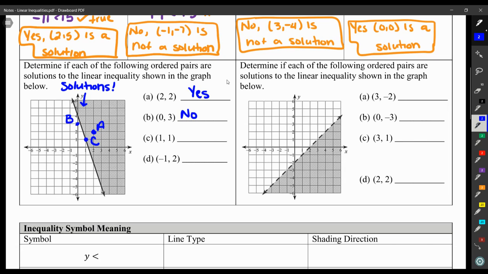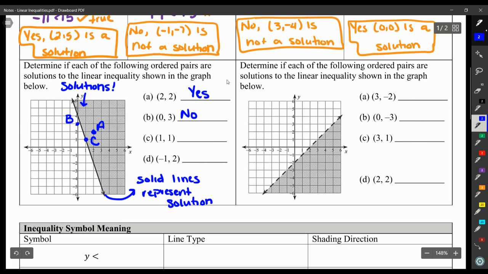That could go either way because this is a boundary line. It's not really in the shade, but it's not really out of the shade either. It's right on the boundary. Because it is a solid line, it is a solution. Solid lines represent solutions. Because (1, 1) is lying on a solid line, yes, this is a solution.